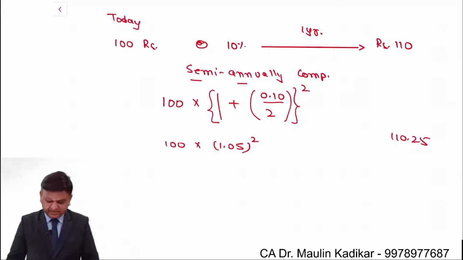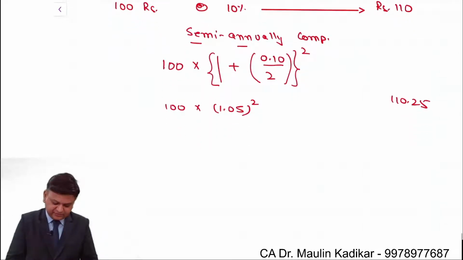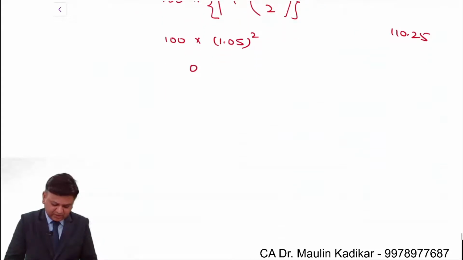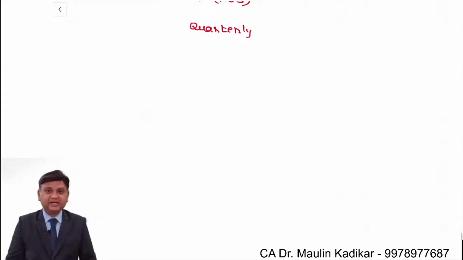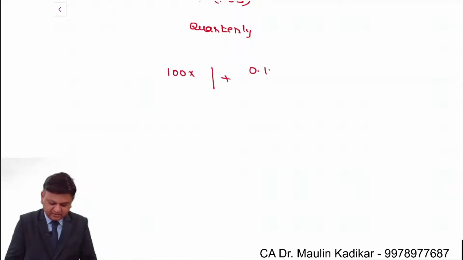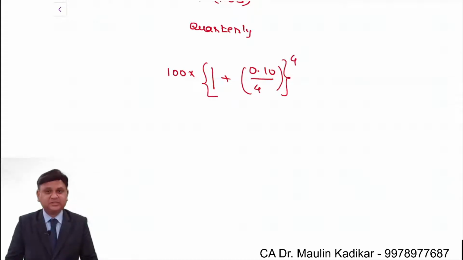Now, suppose the interest is compounded on a quarterly basis, then what is the maturity amount of the deposit? It is 100 into (1 plus I divided by M), where M stands for the number of times compounding is done in a year, that is 4 in this example. So 0.1 divided by 4, that is 0.025 plus 1, that is 1.025 raised to 4.